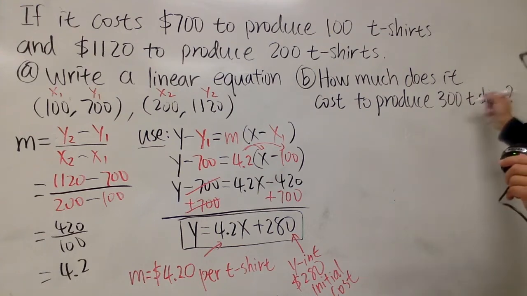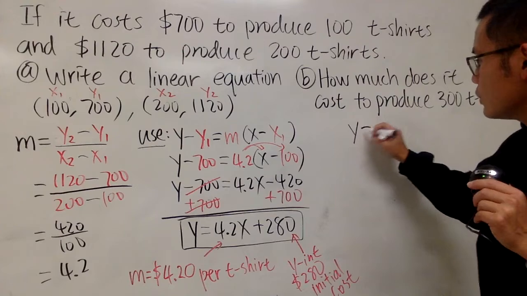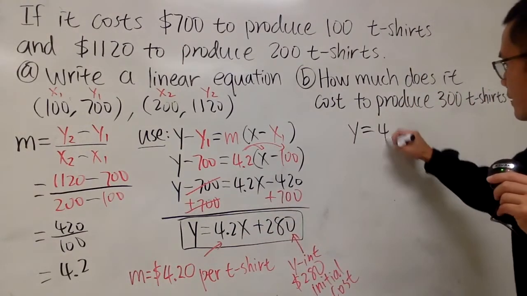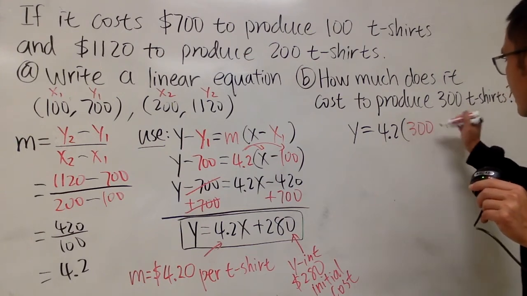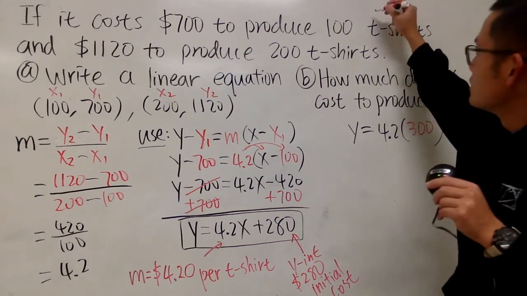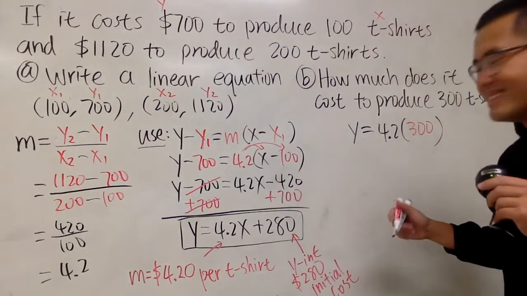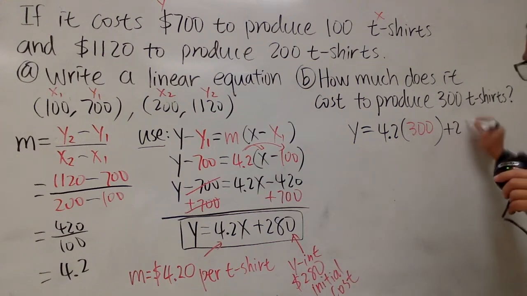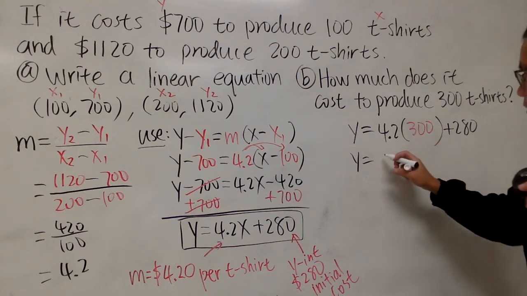Well, again, the number of t-shirts is x. So in this case, y is equal to 4.2 times 300, since x is 300. Again, the x represents the number of t-shirts, and the price is the y, okay? Anyway, we just go ahead and continue. We add 280, and then just work this out. y equals this times this.